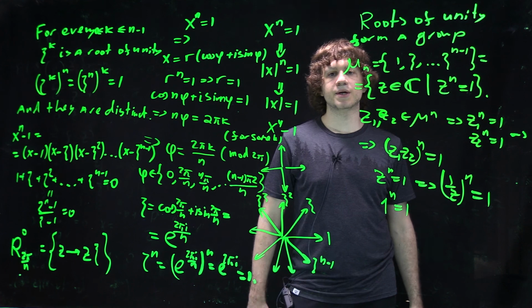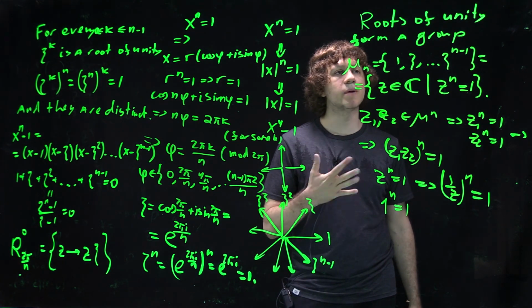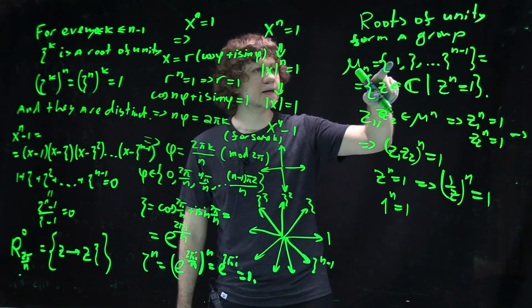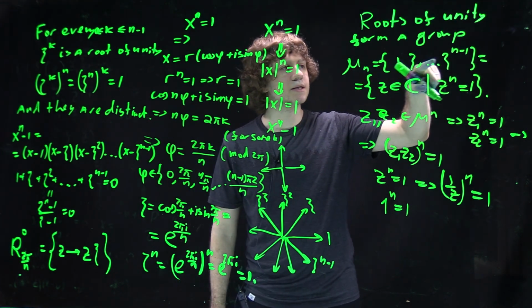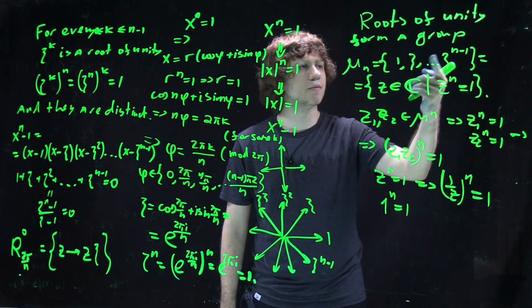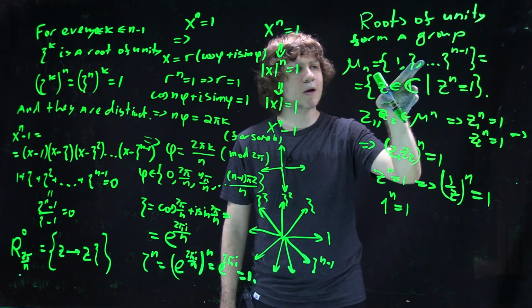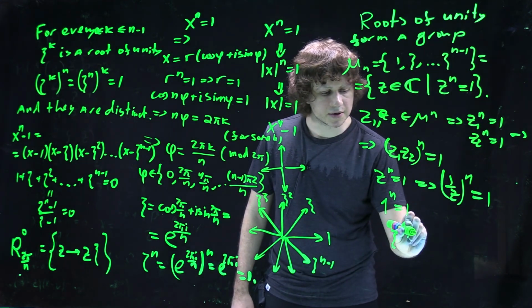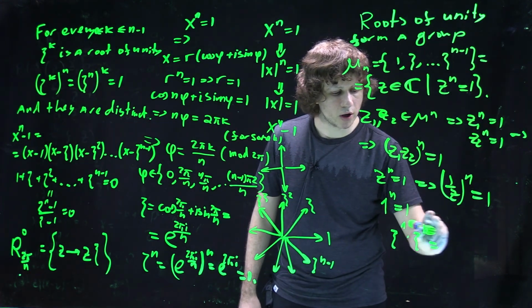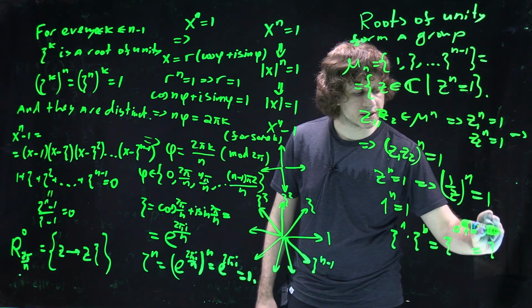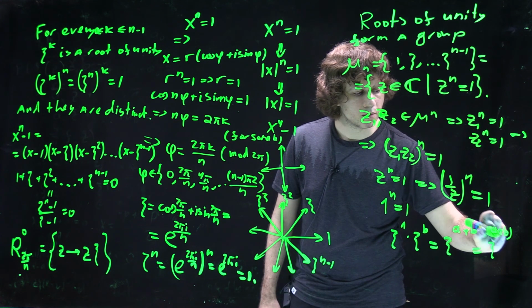So this is a group, and actually this group has a very simple structure. You can think of these elements as being in bijection with all remainders of integer numbers modulo n. And the way they are multiplied is, if you have zeta power a times zeta power b, the product is zeta power a plus b, but this is the same as zeta power a plus b mod n.